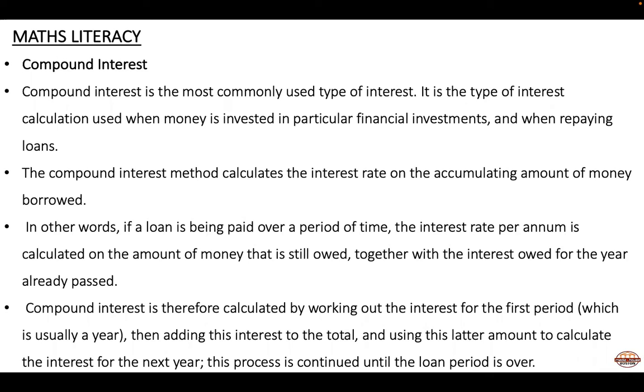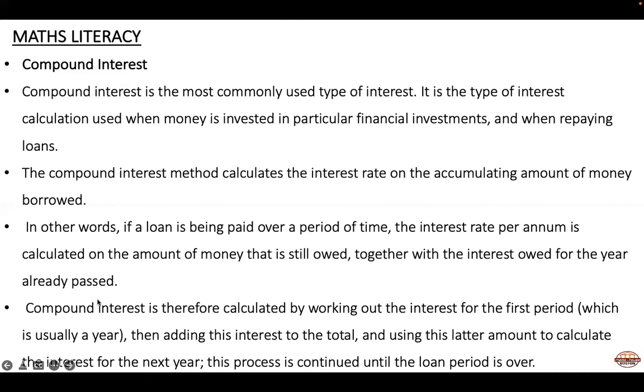When you invest money, the interest is compounded, and this is why investing is great. The compounded interest method calculates the interest rate on the accumulating amount of money borrowed. In other words, if a loan is being paid over a period of time, the interest per annum is calculated on the amount of money that is still owed, together with the interest owed for the year that has already passed.